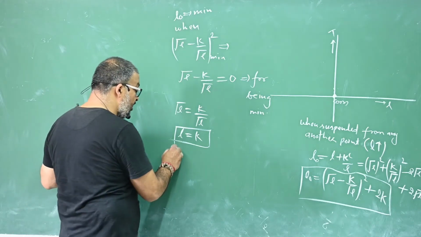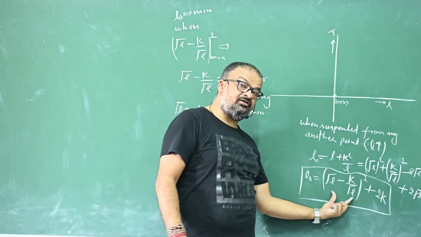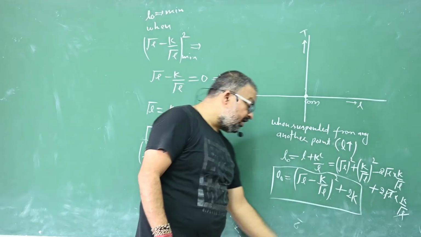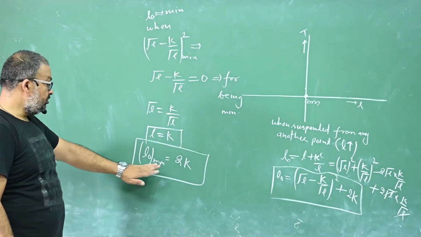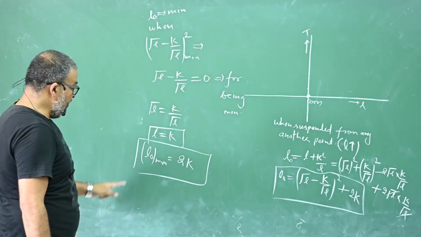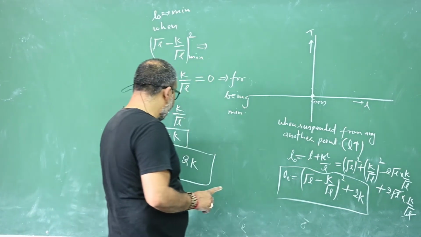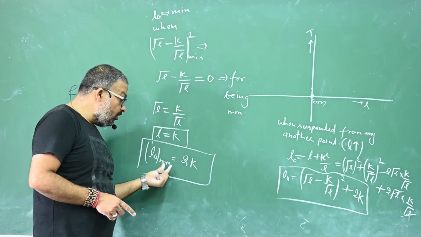And how much will this L0 be? When the squared part is 0, L0 is equal to 2k. Yes or no? So this is the minimum equivalent length. In this case, when the point of suspension is at a distance from the center of mass equal to k, L0 is minimum.